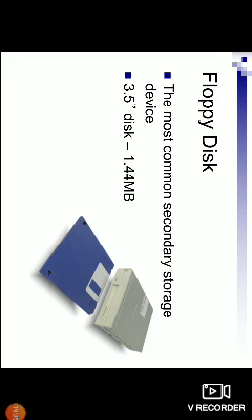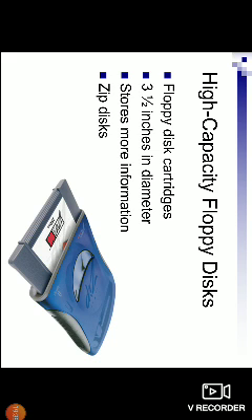Its size is 3.5 inches. Next, high capacity floppy disk, a floppy disk cartridge 3.5 inches in diameter that stores more information. Zip disk, we are also not using this nowadays.